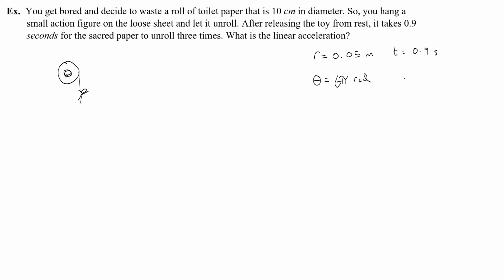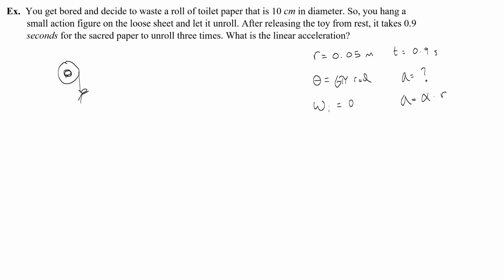Now, ultimately, I want to find the linear acceleration. But remember, the linear acceleration can be found with the angular acceleration and the radius. I know what the radius is, so what I'm going to do is look to see if I can find the angular acceleration in an angular motion equation, and then use that to get my linear acceleration by multiplying it by 0.05. I'm given time, I'm given the angular position theta, and I'm also given the fact that it starts from rest, which would tell me the initial angular velocity is 0.